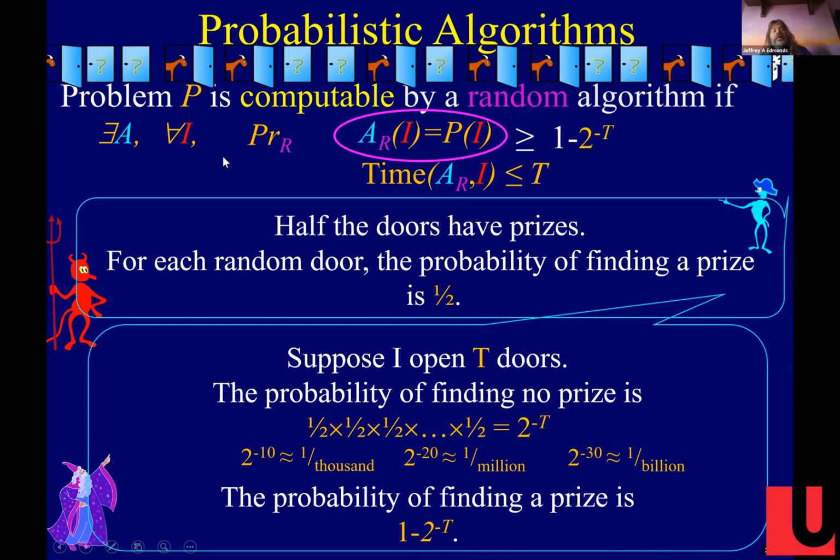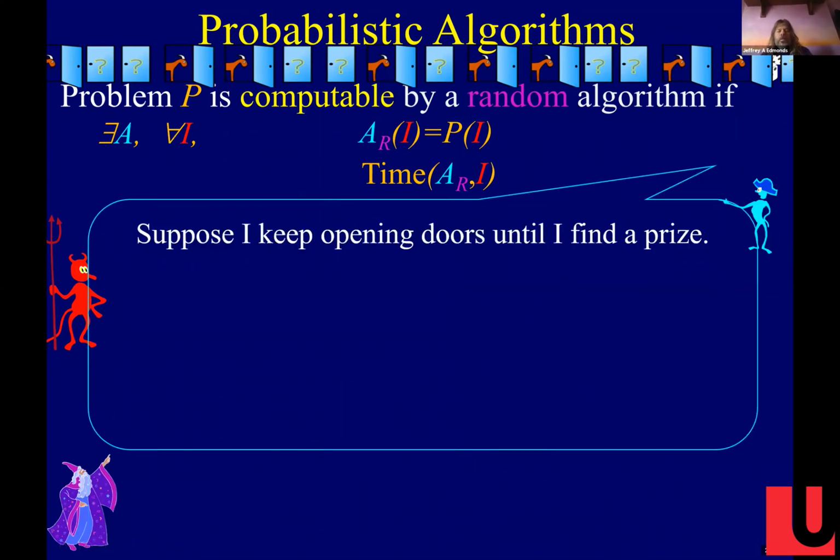So here we say that no matter what the input is, I gave you an algorithm where the probability of finding a prize is exponentially close to 1. It's 1 minus an infinitesimal. Here's another way of looking at the algorithm: instead of stopping at time T, let's keep opening doors until you find a prize.